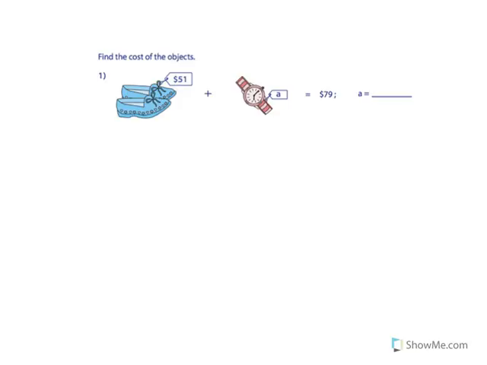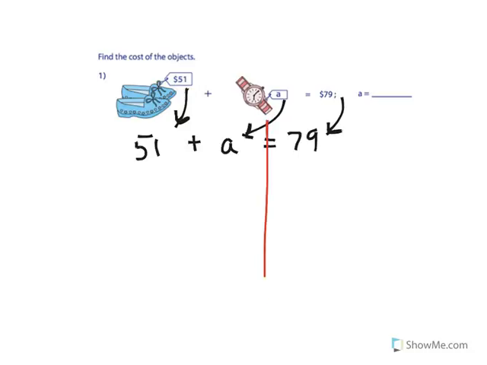The final type of problem that you will see today is one that looks like this. I'm just trying to give you a picture of what an equation could represent. I want you to rewrite the price here and the price here and copy this piece in order to solve. So it says $51 plus the cost of a watch equals $79.